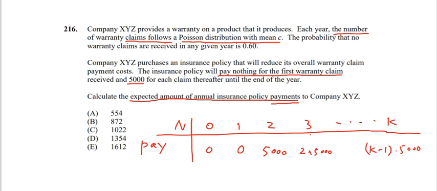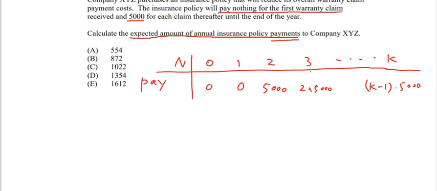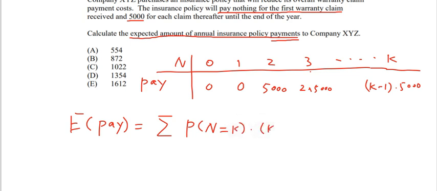So the expected payment, the expected value of each payment, equals the summation of the probability that N equals K, times what they will pay, K minus 1 times 5,000.